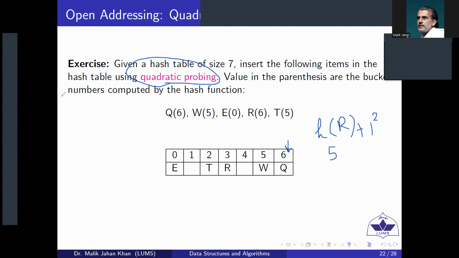Sorry, h of R is 6 plus 1 square is 7. So 7 mod 7 is 0. So we try to get here, but that's also occupied. So we then try 6 plus 2 square. That gives us 6 plus 4, which is 10. 10 mod 7 is 3. And 3 is the place where we insert R.